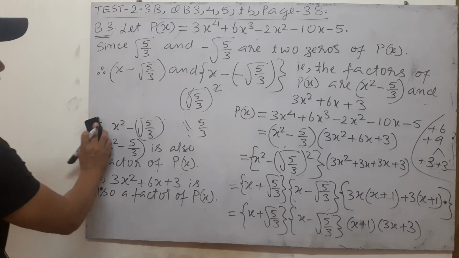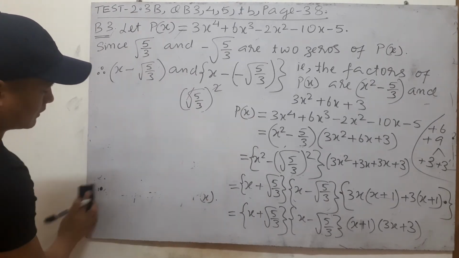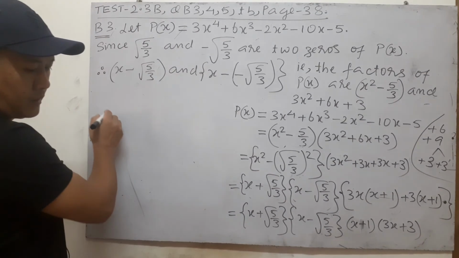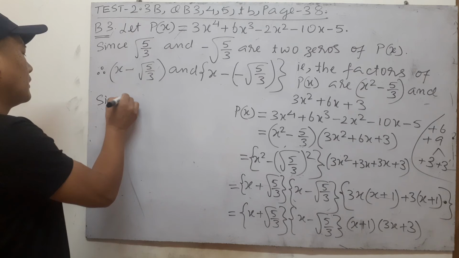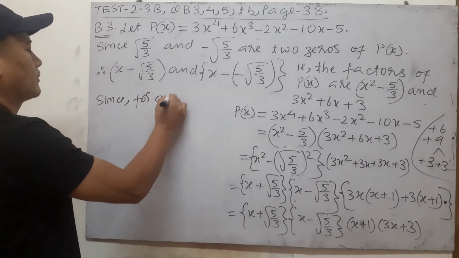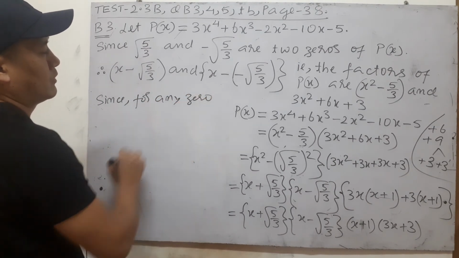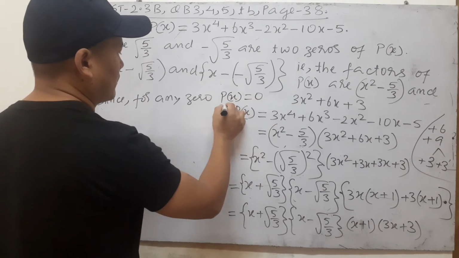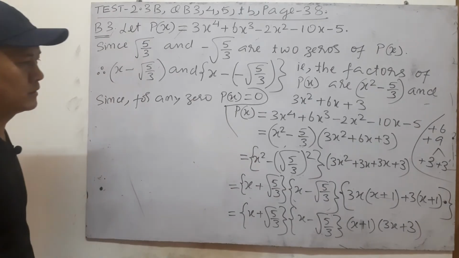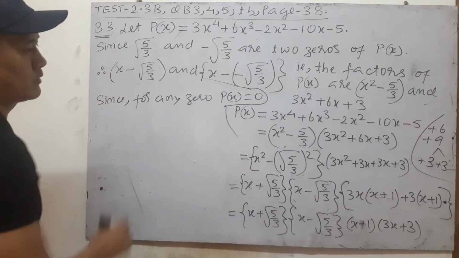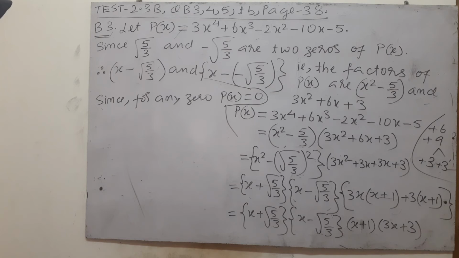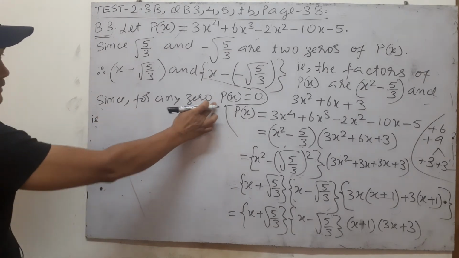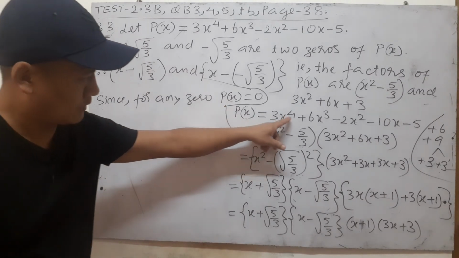Then we can write here, now for n is 0, since we know p of x is always equal to 0. Let's separate this part. So in other words, p of x is this in its factorized form.